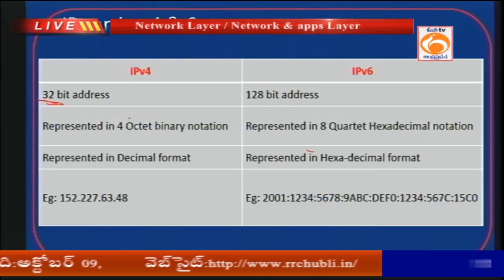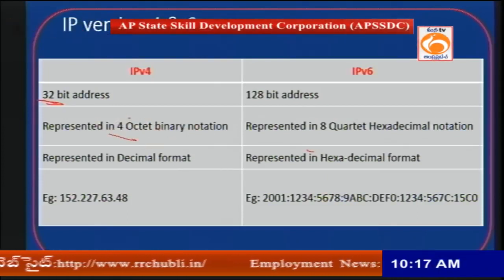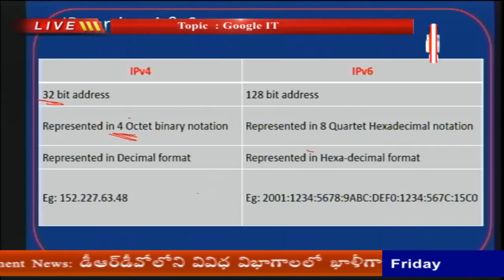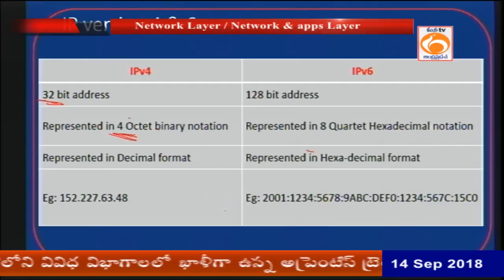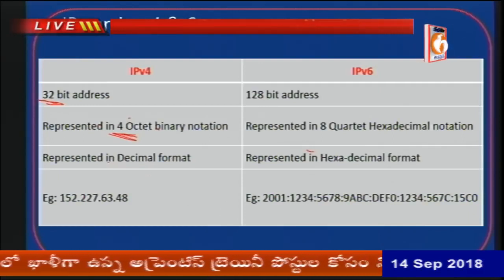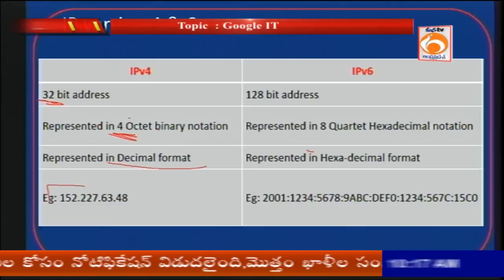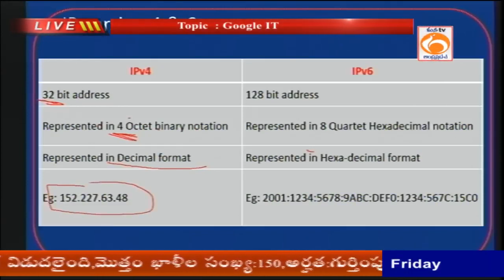And then IP version 4 is represented in the binary format, 4 octets separated by a dot. We call it dotted decimal notation. And here you can see an example of an IPv4 address.